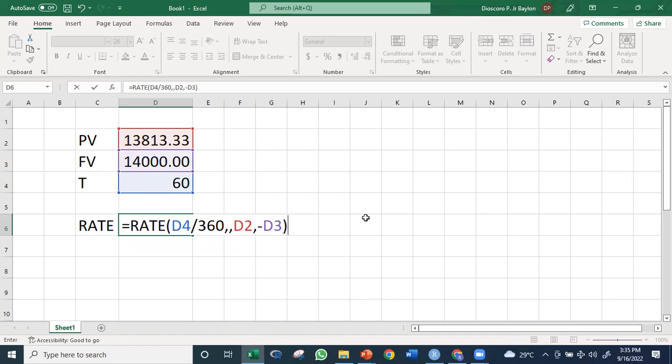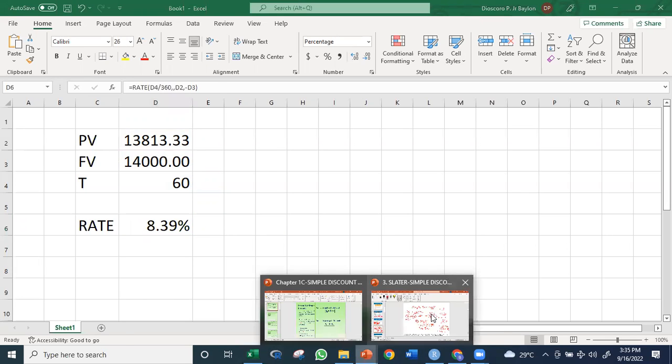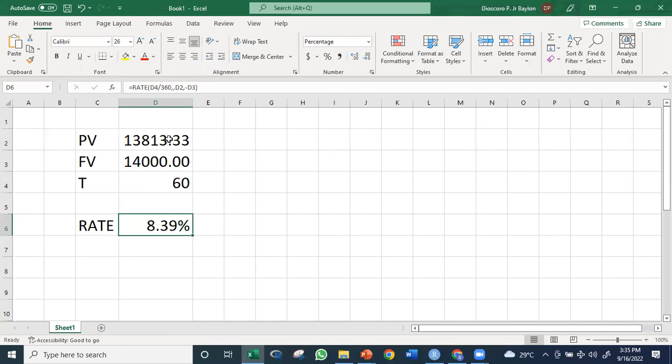All right, so let's just take a look at this. Okay, so dito kasi, lumalabas nga dito ang effective rate natin, 8.39%. Wait, ano ba ginamit natin? 13,813.33?